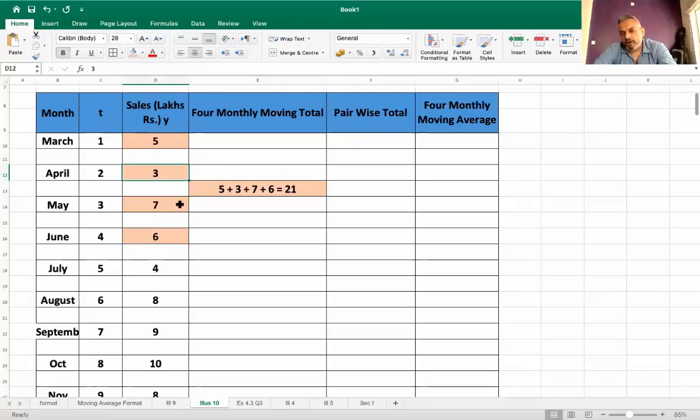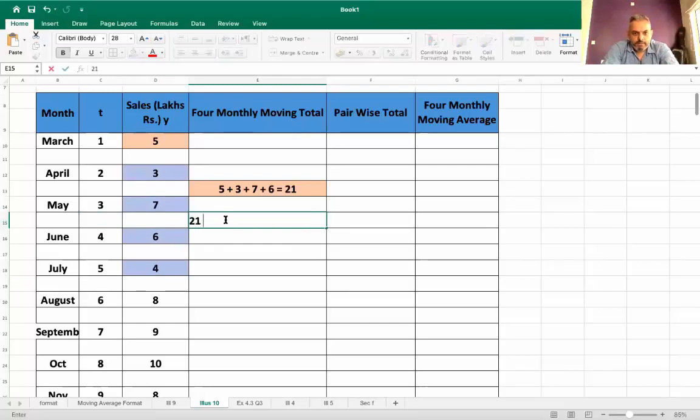Now, next 4. Now numbers are very small, so you can directly do all 4 together instead of plus minus, or if you want to do plus minus, then you can follow that. Okay, let's follow minus only, that's better. So you follow one method only. Now next 4, so 3 plus 7 plus 6 and 4. Now over here, again 1, 2, 3, 4, so centermost is between 3 and 4. So here we will write 21 minus 5 plus 4, which is equal to 20.